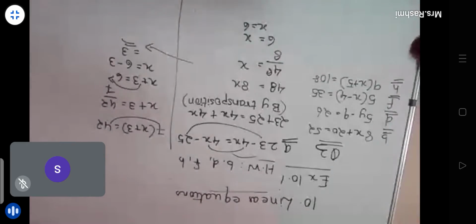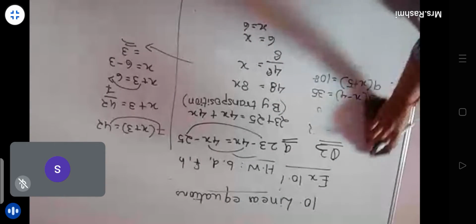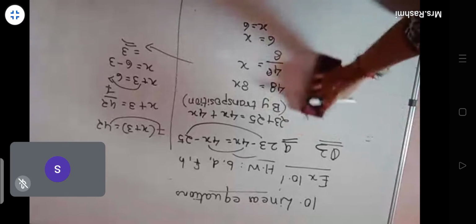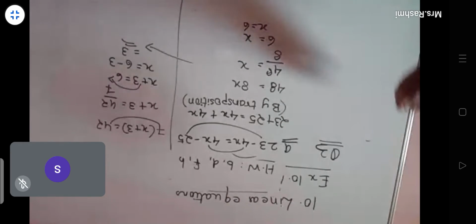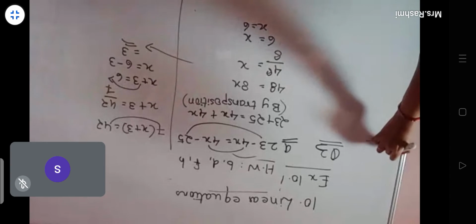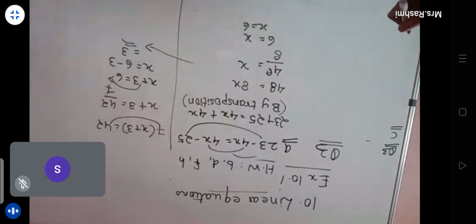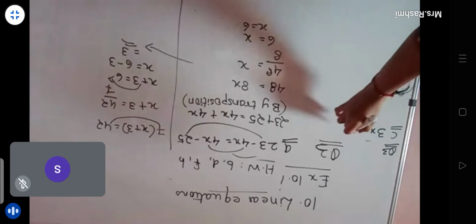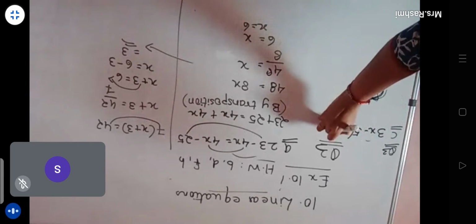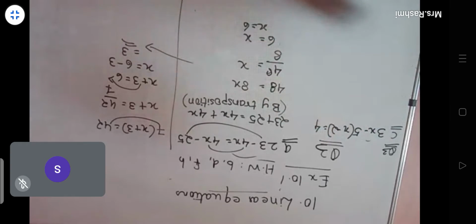Okay. So I will write question number 3 homework on this side, the sum. So you can check whether in the new book and the old book there is any difference. 3x minus 5 into x minus 2 is equal to 4. These are the homework sums.